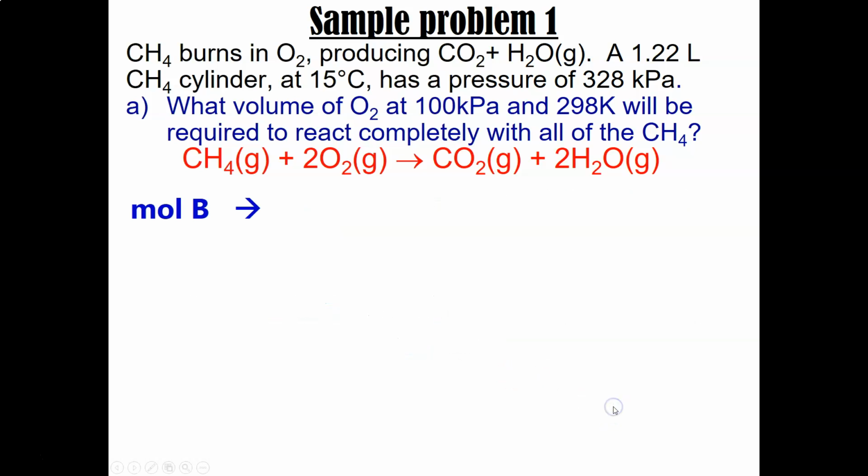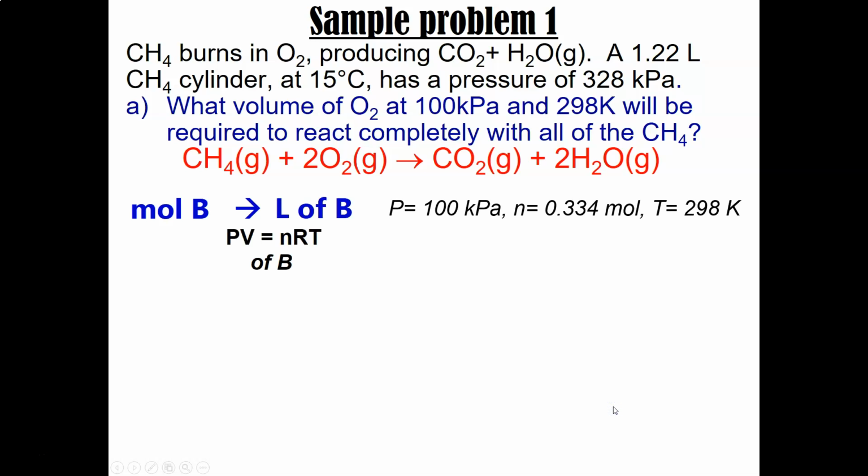So now we're back to an ideal gas law question. I have new values, so I'm going to use the ideal gas law. You plug it in and you solve for volume. Go ahead and pause the video and give it a try.